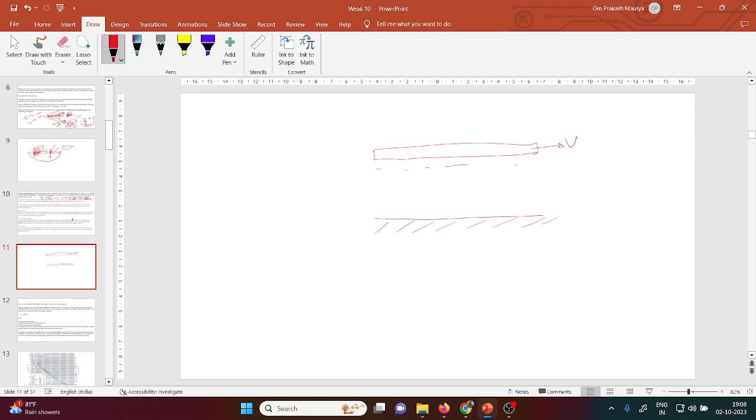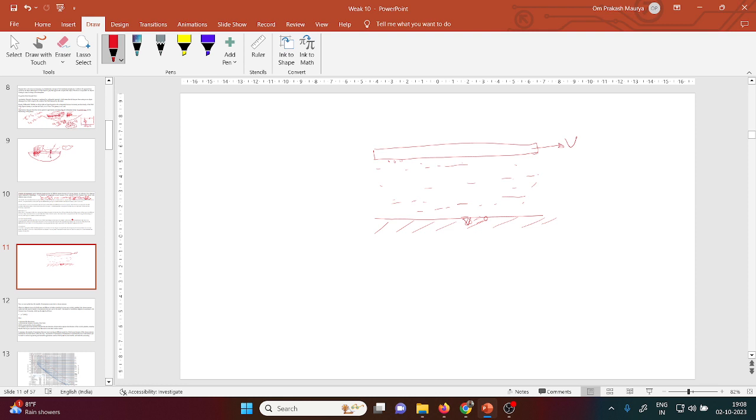Let's say the fluid is in the rest condition. You are talking like that, Francis? Here the velocity is zero because of the no slip condition, but here your velocity is maximum. Here also the no slip condition does not mean zero.